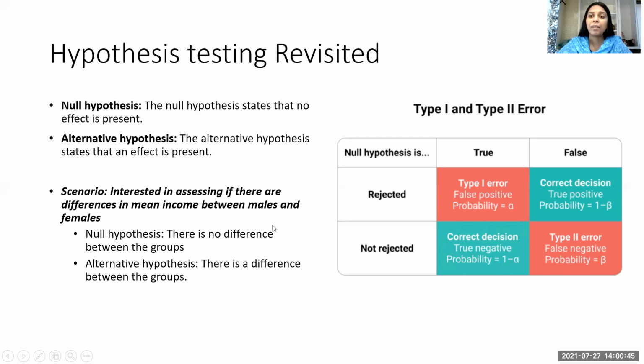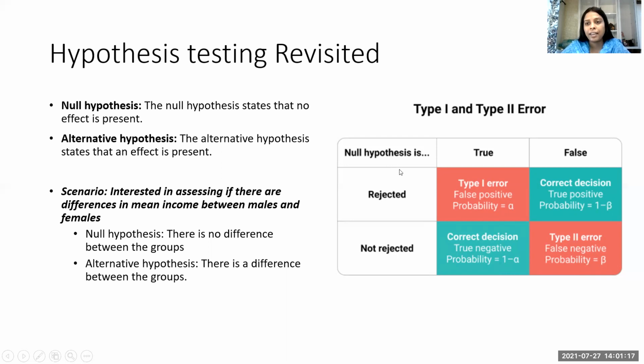But the sample for which we are doing hypothesis testing shows that we cannot reject our null hypothesis. There is no difference between the groups. So when the null hypothesis is false in the real scenario, but while testing we are not able to reject it, then we are performing a kind of error known as the type 2 error, or also the false negative.